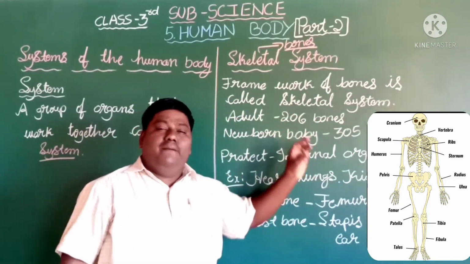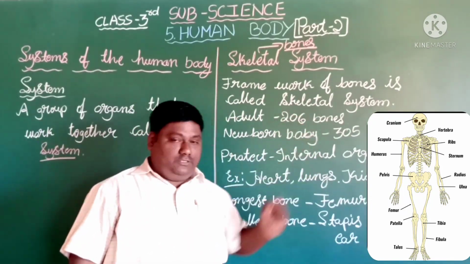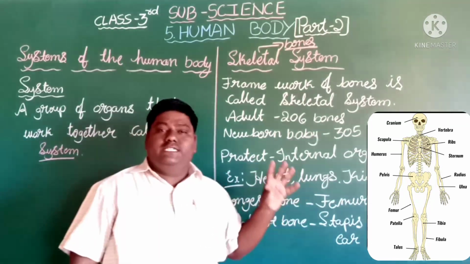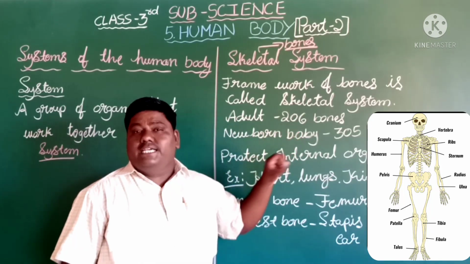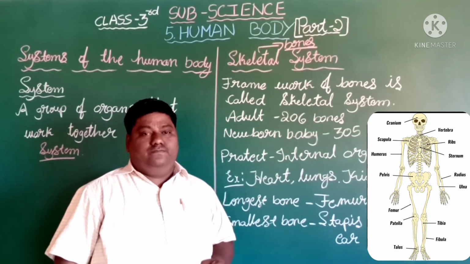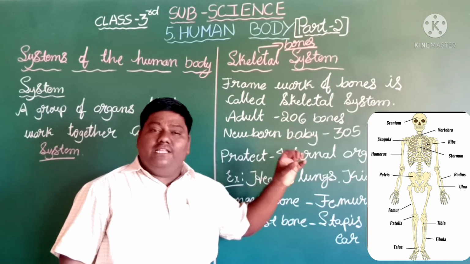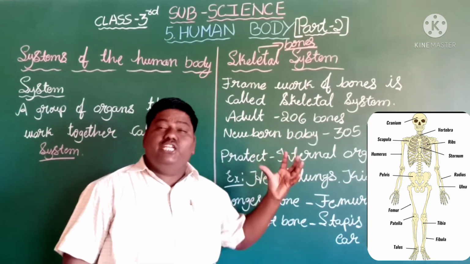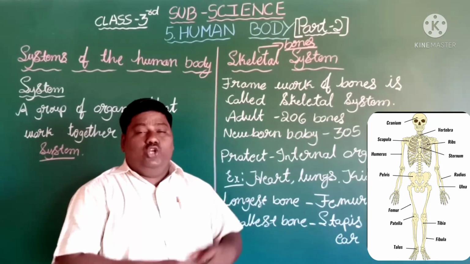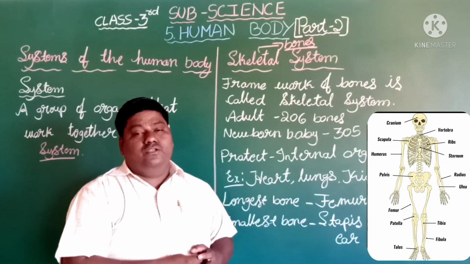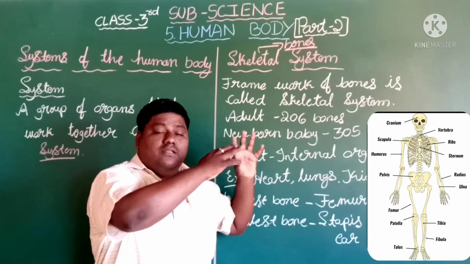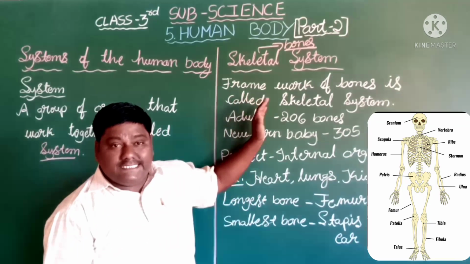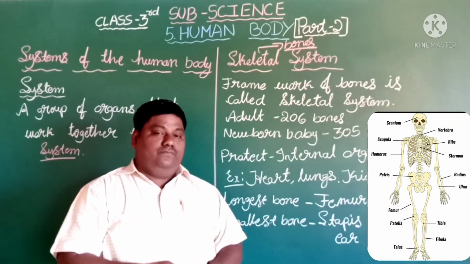It is made up of only bones. In the skeletal system, we are seeing bones of different sizes and different lengths. We are seeing many joints. Totally, all the bones here are called the skeletal system.